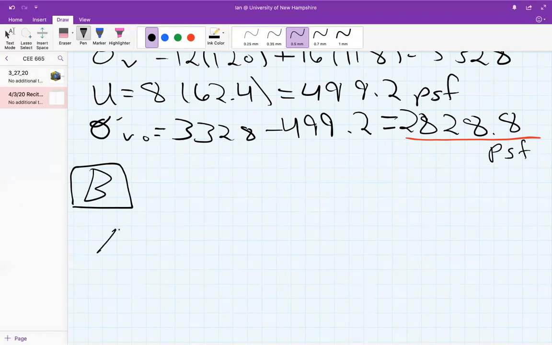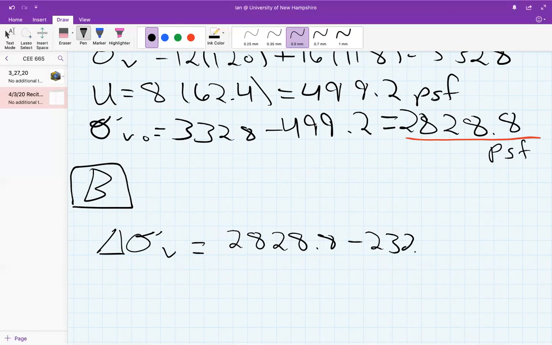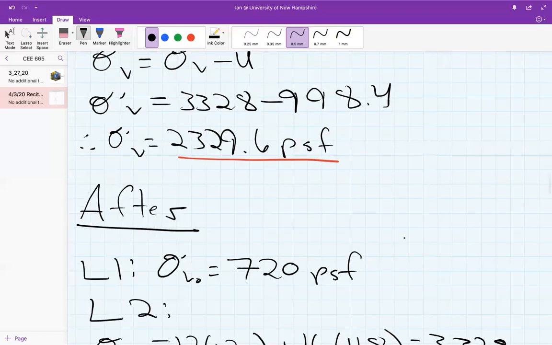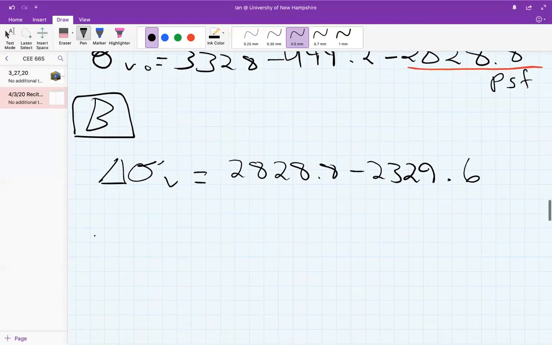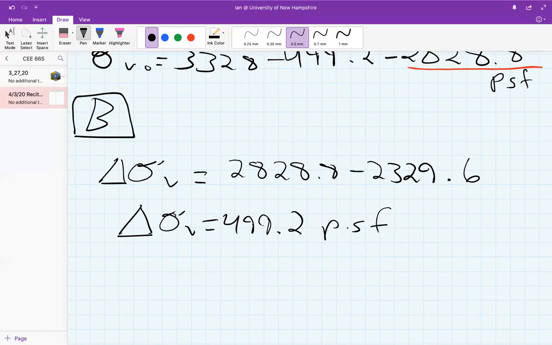We're going to do that by saying, all right, the change in effective stress, which is 2828.8 minus the 2329.6. So when we find this change, we got a change of 499.2 PSF from before and after we lower the water table.